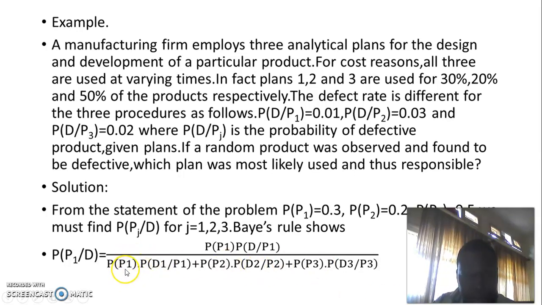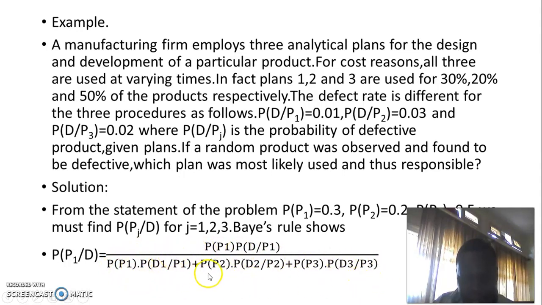Divide by the probability of P1 times the probability of defective given that it is plan 1, plus the probability of plan 2 times defective given that it is plan 2, plus the probability of plan 3 times the probability that it is defective given that it is plan 3. This is the total probability of defective.